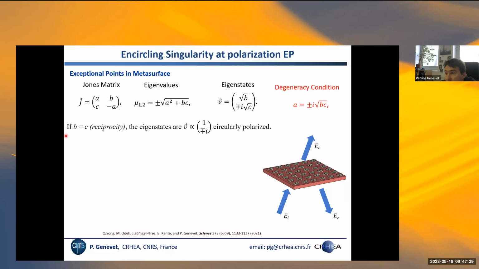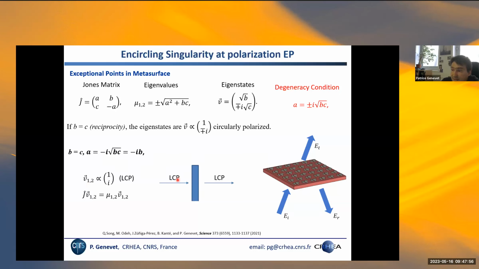I'm going to simplify here. I'm going to consider that B and C are equal. That is related to some sort of reciprocity. Then you see that the degenerate eigenpolarization states become circularly polarized states. Why is it interesting? Suppose that we are operating with one of these degenerate circular polarizations at the degeneracy condition.